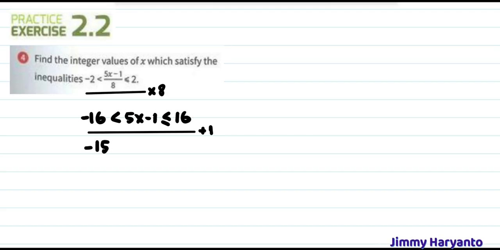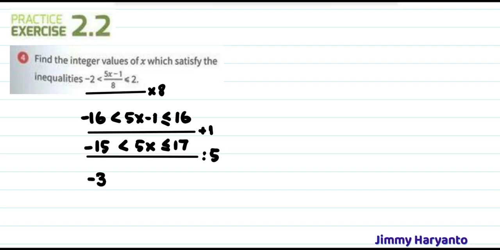So I will have negative 15, and then this one is 5x only because we already eliminate this one. And then for this one is 16 plus 1 is 17, and then I will get rid the 5. That means you have to divide it by 5. Negative 3 for this one is x, and this one is 17 over 5. There you go. This is the answer because we already have the x.